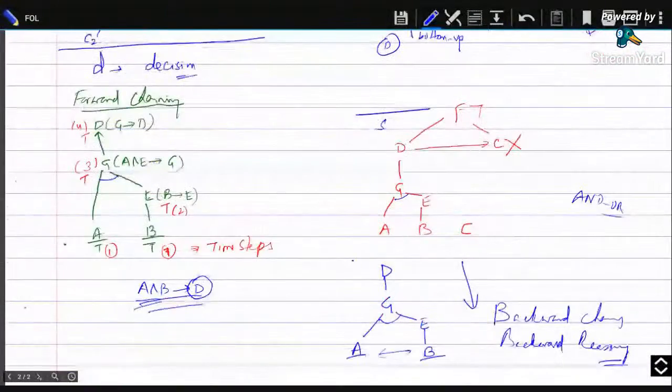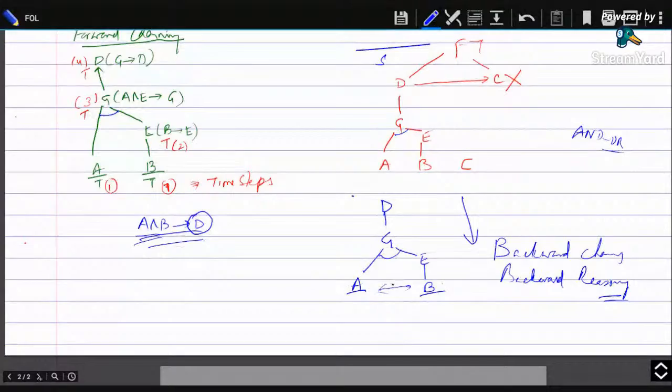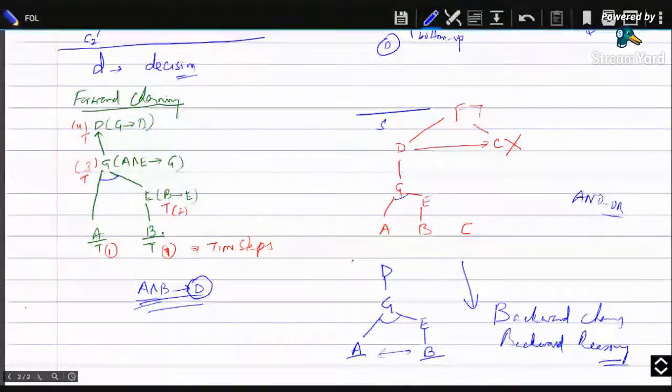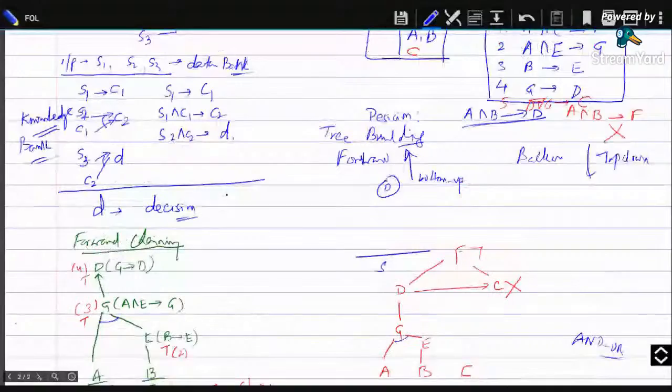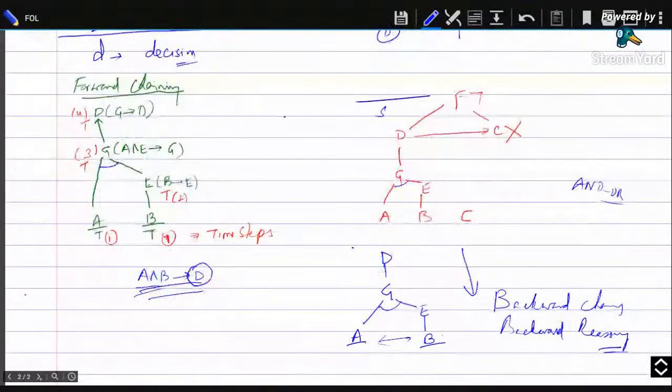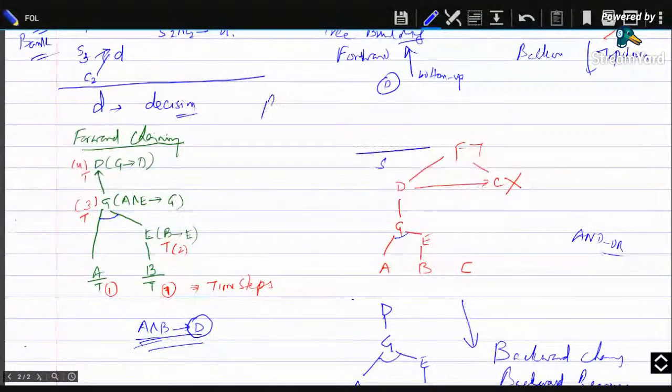You can find a chain-like thing. We started from the bottom, using this chain we moved to the top, or we started from the top using a chain, we came down to the bottom. So these are chaining, forward approach, backward approach, and this is a way of reasoning. This whole thing we call reasoning.